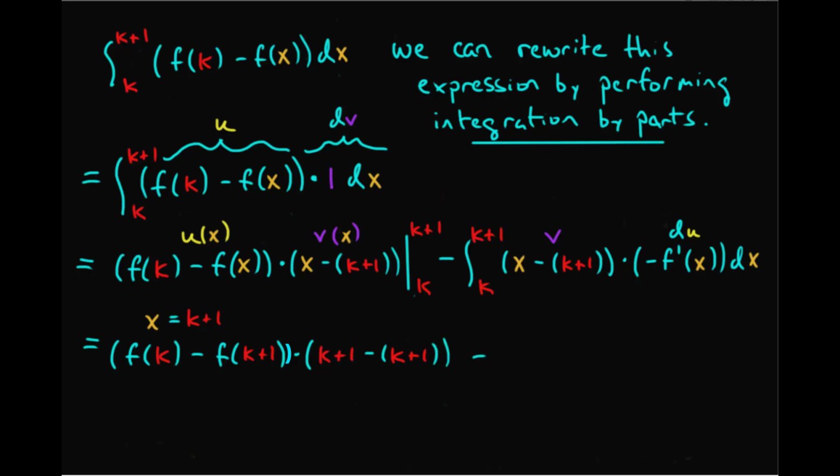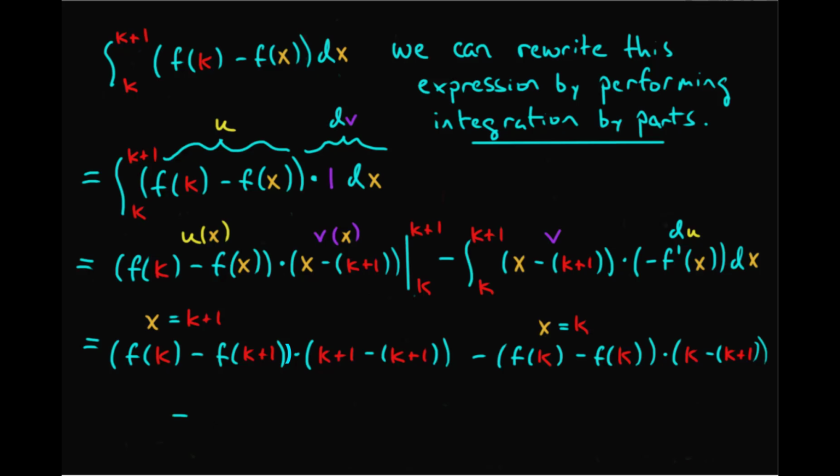That's going to be when we set x equal to k plus 1. And then we subtract from that u times v when we set x equal to k. And there we'll have this equals f of k minus, plugging in k for x here, f of k, times the quantity k minus k plus 1, close parenthesis.